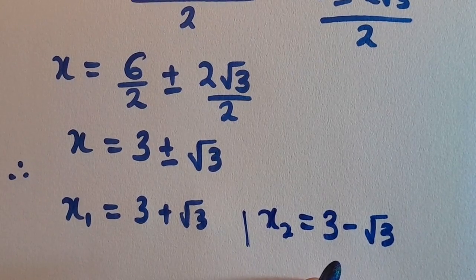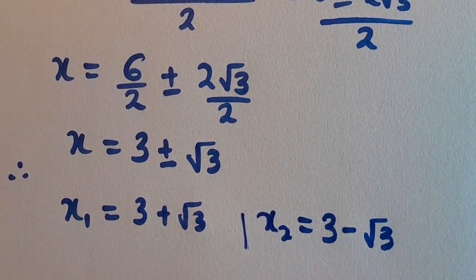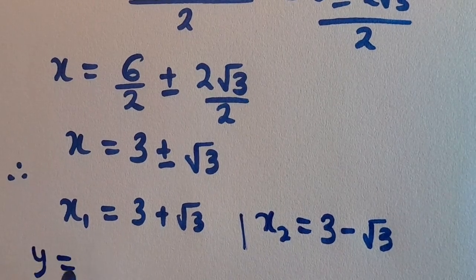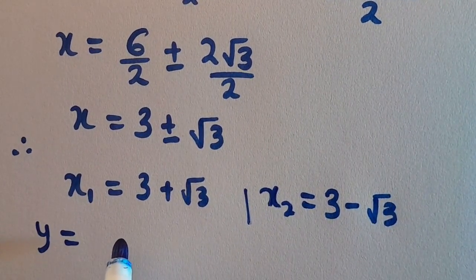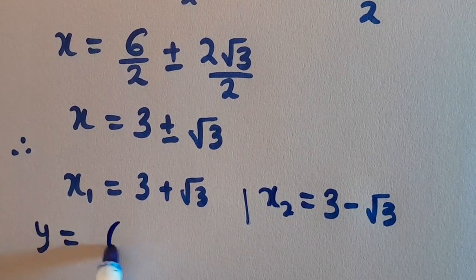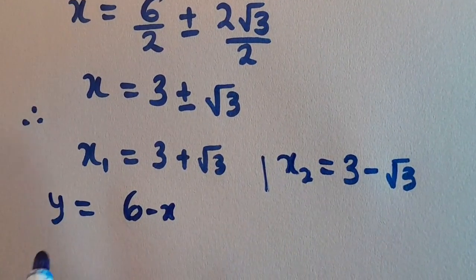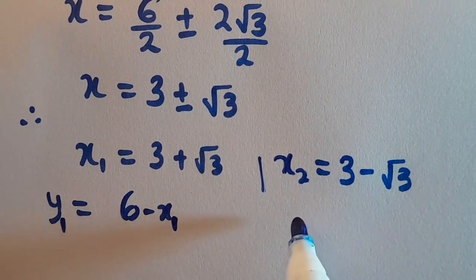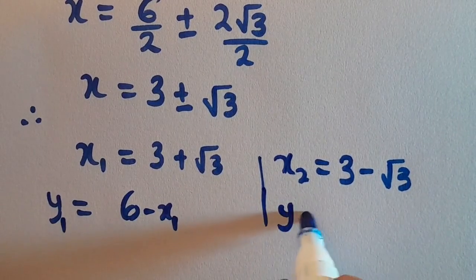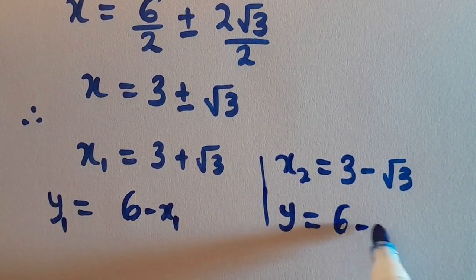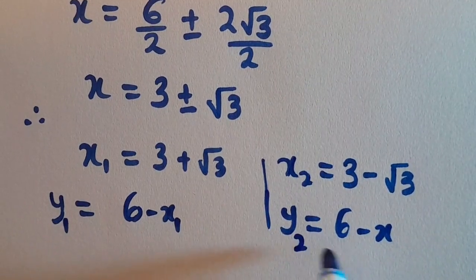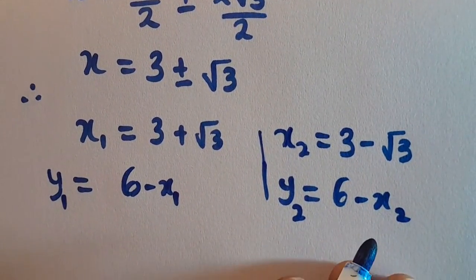Now let us recall that we have our y equals 6 minus x. So for this will be y1, this one will be x1. y equals 6 minus x. This will be y2, this will be x2.